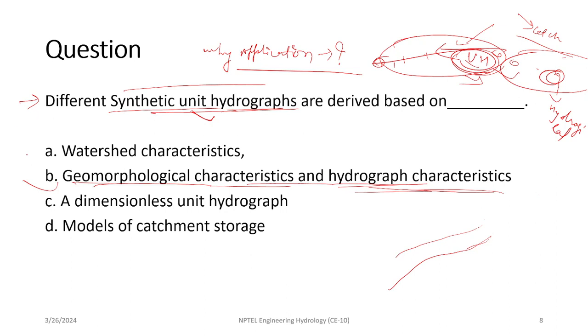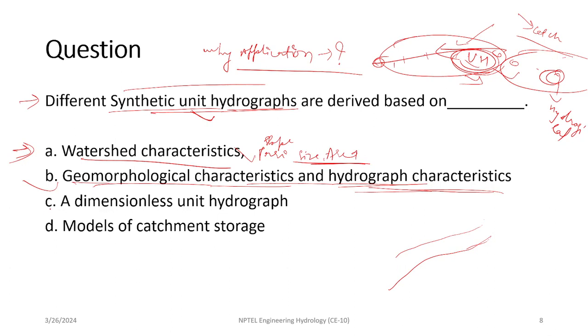One more thing I want to say is that watershed characteristics should be the same. Watershed characteristics cover the slope, the size, and parameters related to area. So these parameters should be considered.